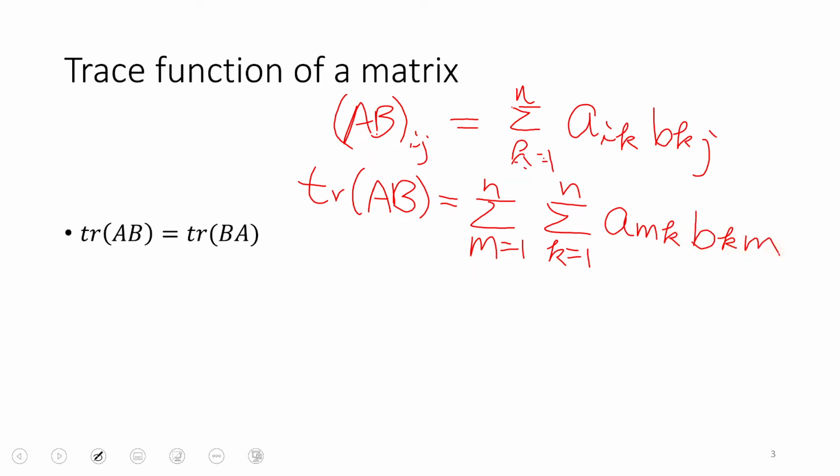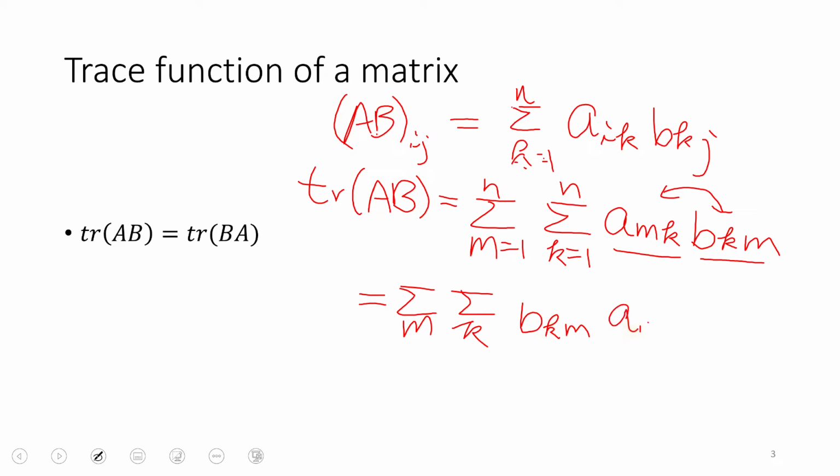That will be the trace of A times B. Now, because this is element times element, we can swap them. So it becomes the summation over m and k, and we put B first, Bkm, and then Amk.